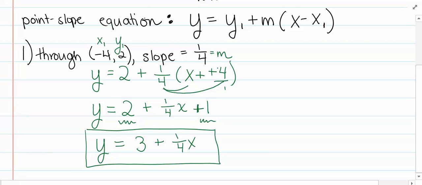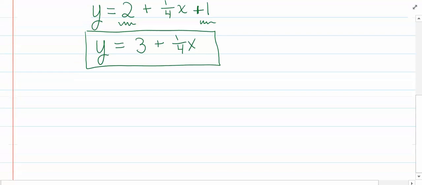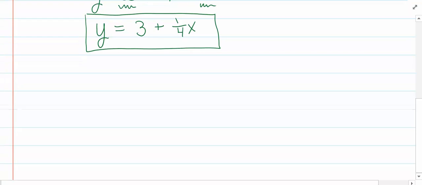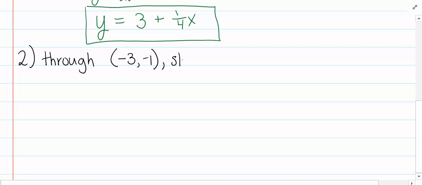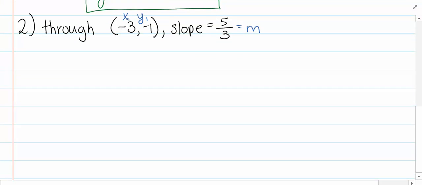Okay, let's look at the next problem together. Try number 2. It tells us that it is through -3, -1, has a slope of 5 over 3. Okay, so let's label everything first. x1, y1, and this is my slope, and then go ahead and write your equation.